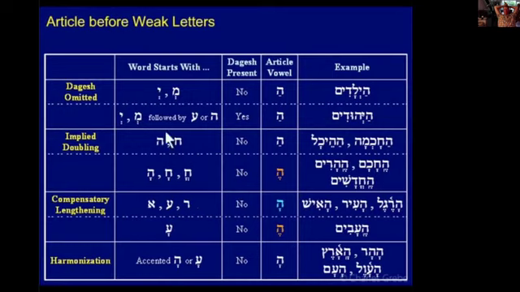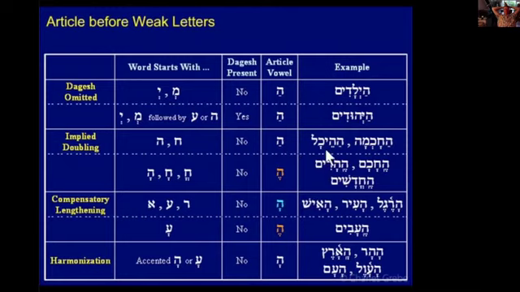Now, what happens with the strong gutturals? With the strong gutturals, you don't get gemination, you don't get doubling, which is the case for all these here. The only case where you actually have doubling here is this exception to the coal mine rule. Otherwise, what we're dealing with here are cases where you don't have doubling. So it'll be no all the way down this column. No dagesh present. Now in the case of the hey and the chet, there's no change to the vowel either.